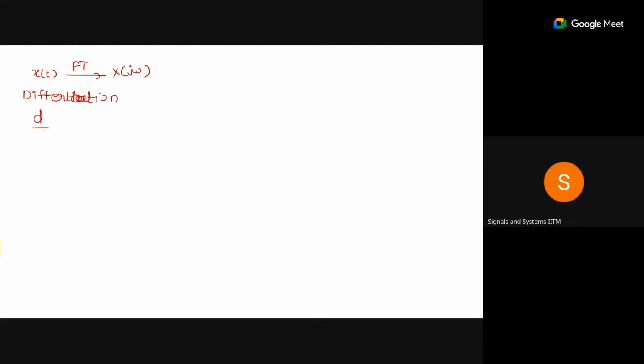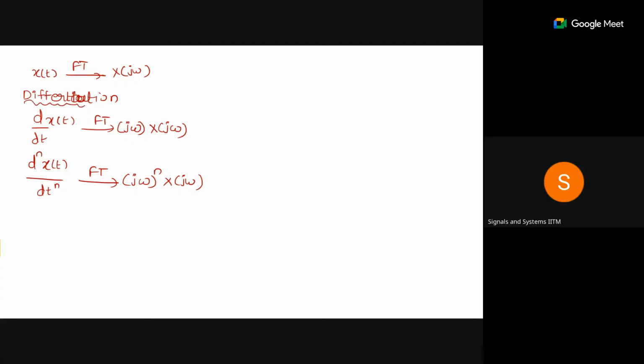So d by dt of x of t, the Fourier transform will be j omega X of j omega. If it is of some order n, d power n x of t by dt power n, the Fourier transform will be j omega whole power n X of j omega. This one you have to remember also.